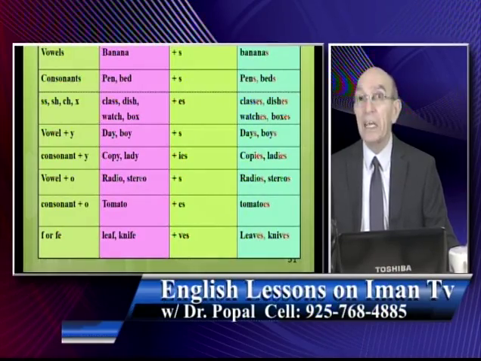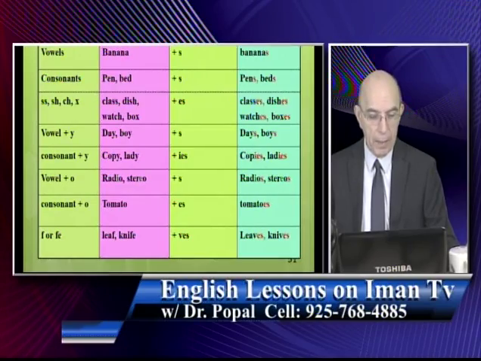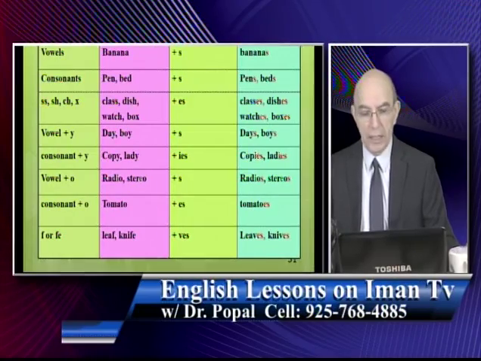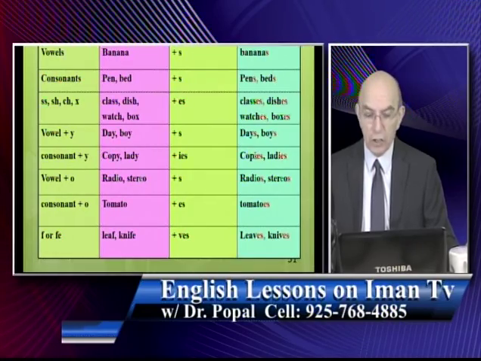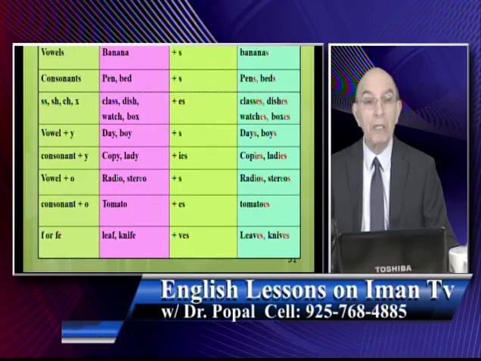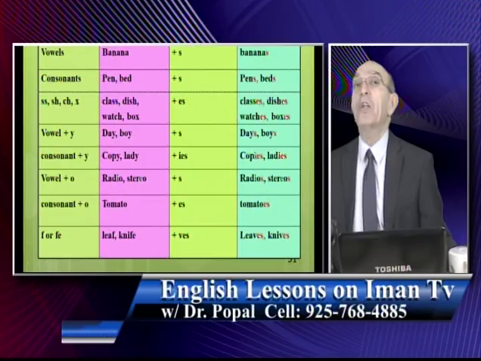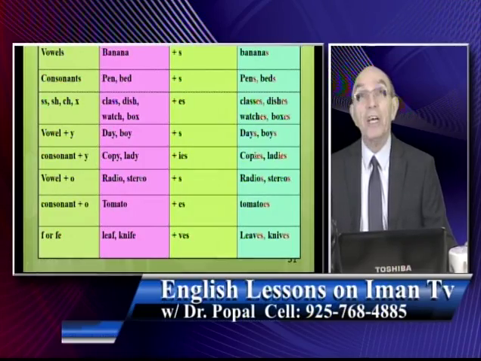You don't put ES, you put S. If you have O at the end, but you have a consonant before that, then you add ES, like tomato. ببینید که پیش از O، T کانسوننت است، جمعش میشه tomatoes. اما در radio و stereo پیش از O، I و E واول است، به خاطر شما تنها S اضافه میکنید.